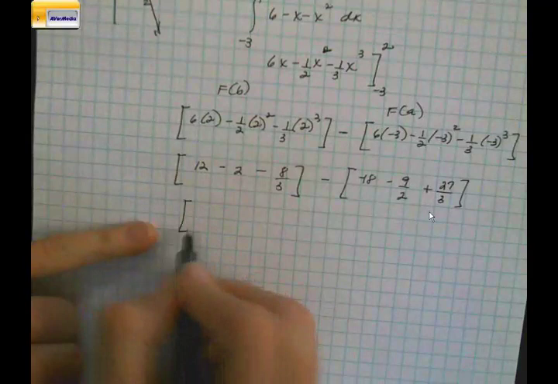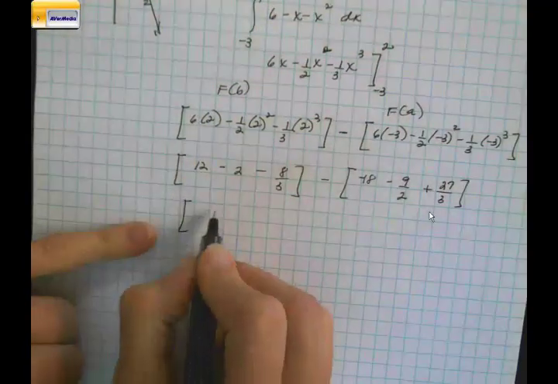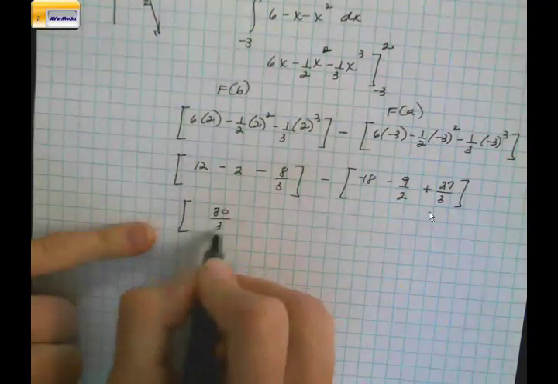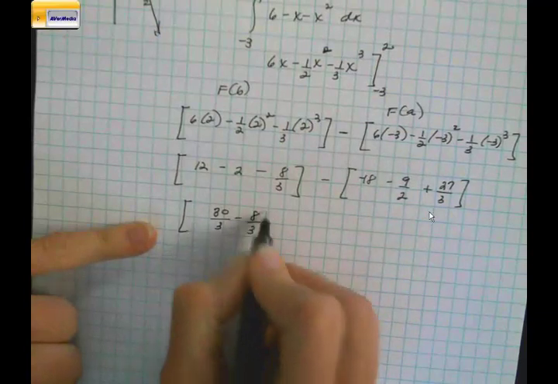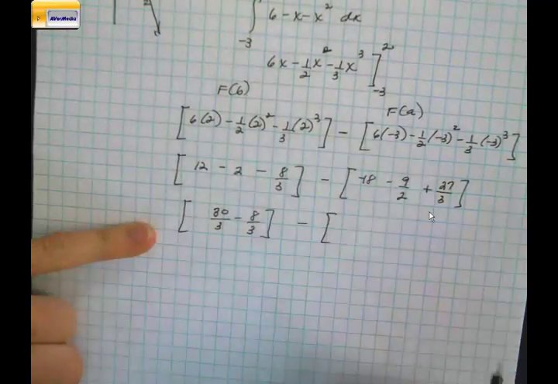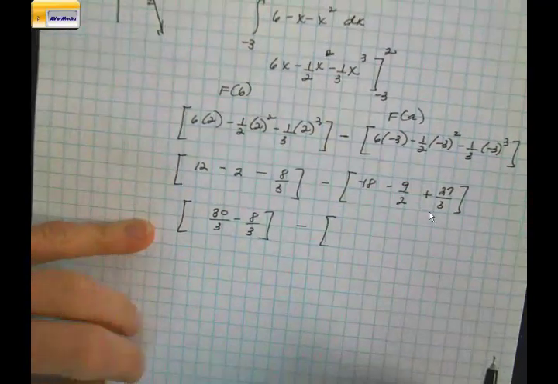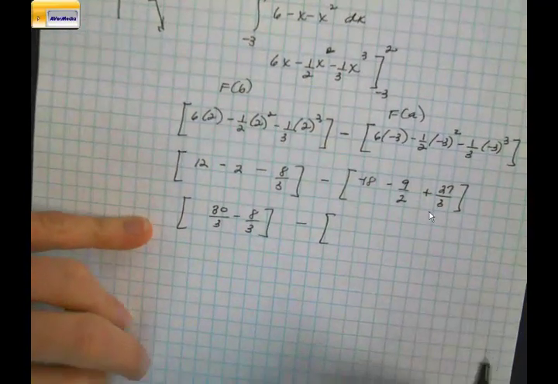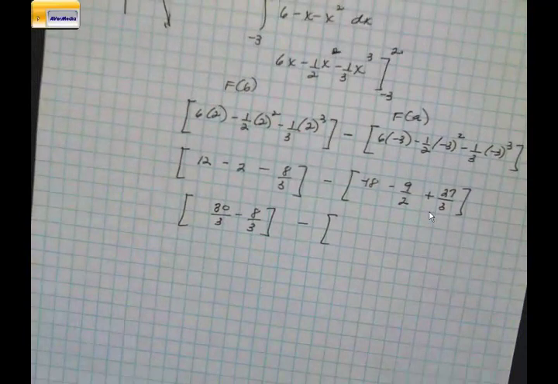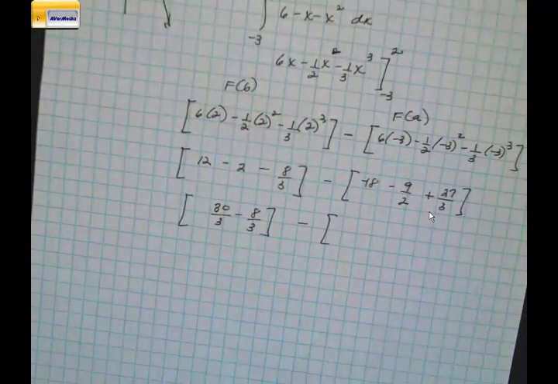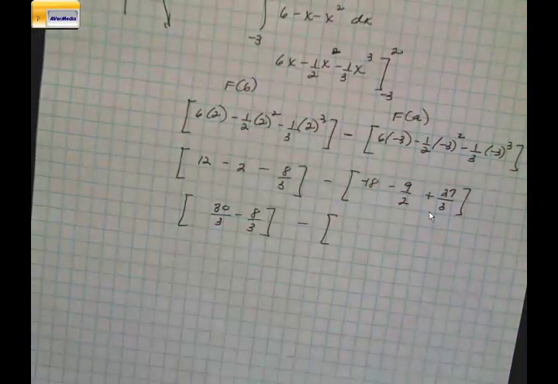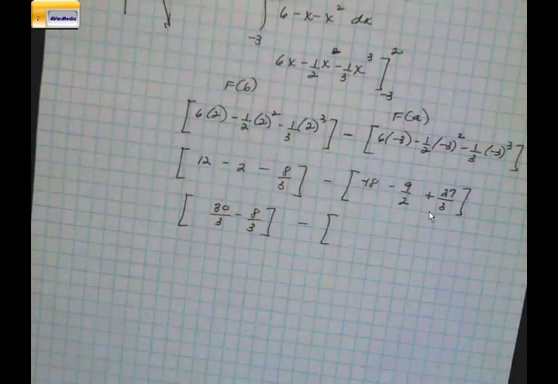So this becomes 12 minus 2 is 10. So this is 30/3 minus 8/3. Golly, I need to put everything in sixths over here. If I want a common denominator of 6.